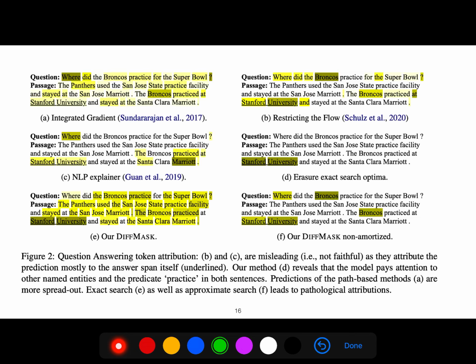Our method, D, unlike Eraser, reveals that the model pays attention to other named entities and the predicate practice in both sentences. Predictions of the path-based methods are more spread out, and the exact search as well as approximate search leads to pathological attributions.